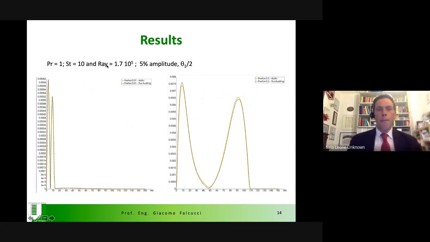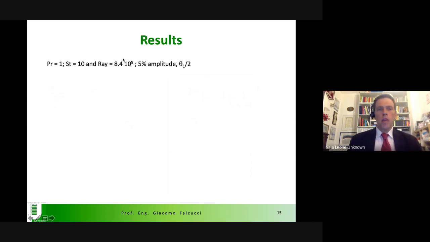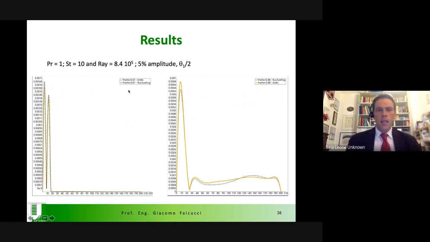If we go up with Rayleigh and use a fairly larger Rayleigh number, we see that these effects are increased. So something is happening that is related to this time difference in the thermal condition at the boundary, but consider that you have a very small amplitude of 5% on the average, which is the same as the static case.